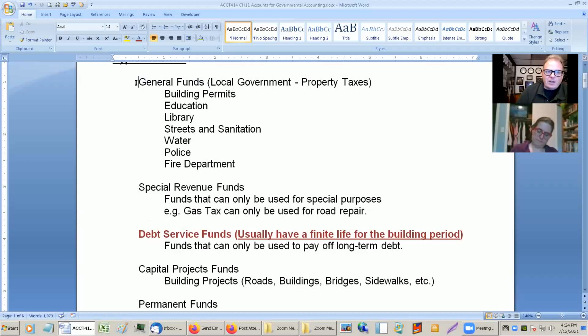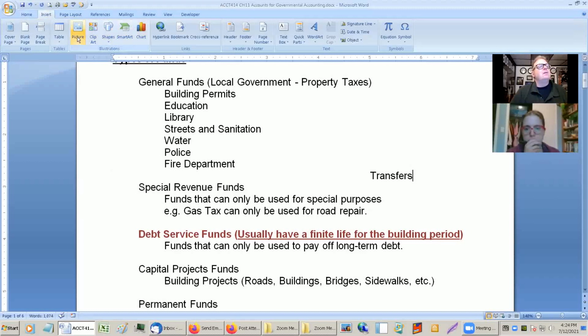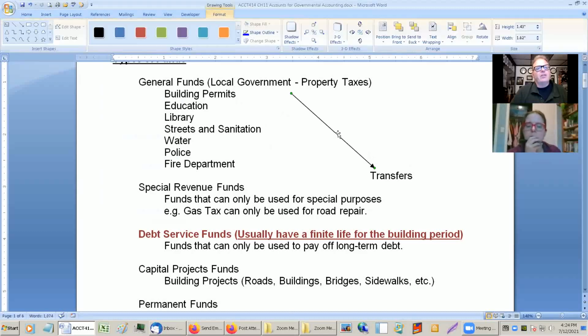Okay. Transfer money from, say, the general fund to, let me put this up. Let's do this. Yeah, so it looked like this. It'd be like, they could have transfers.